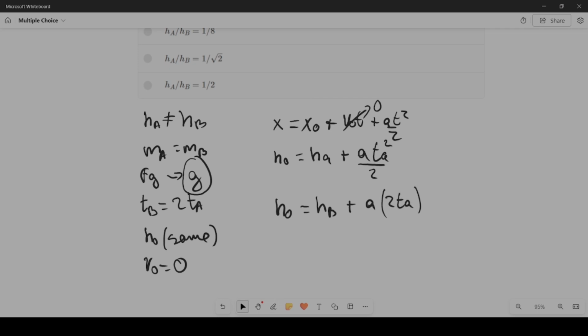And we have to square this because the variable is squared.